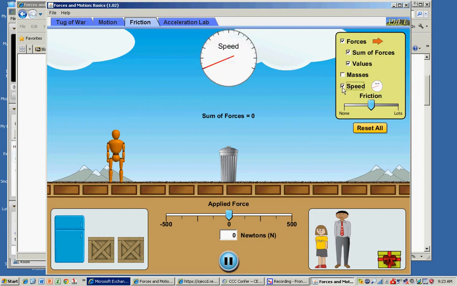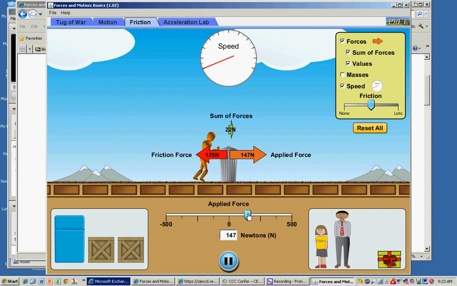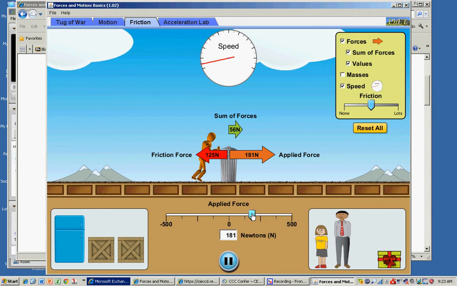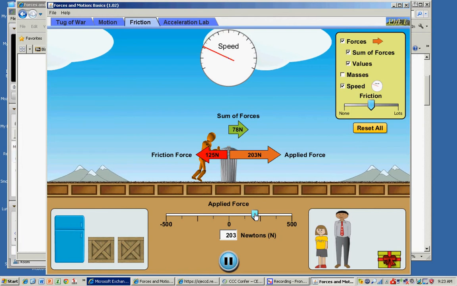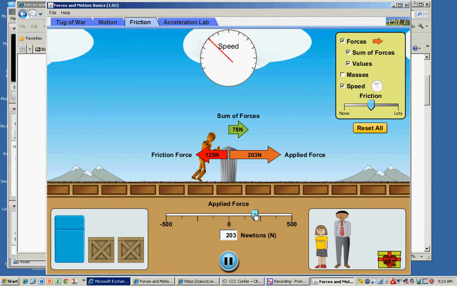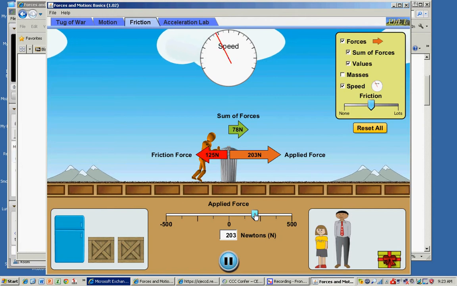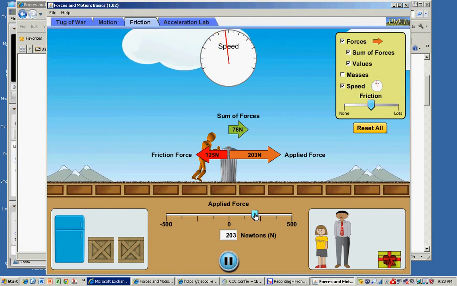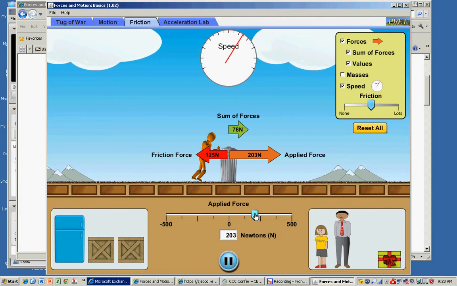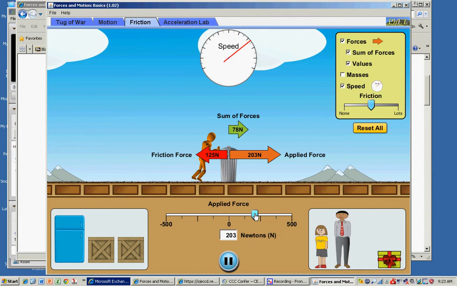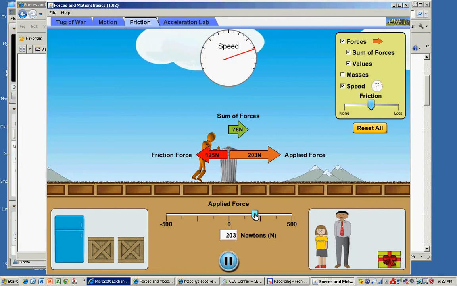So you can bring values into consideration. I have friction playing a role in here. Let's do the same. Now, kinetic friction does not change because it's equal to a coefficient times the normal force, remember? So if the applied force, which is 203 newtons, overcomes the kinetic friction, the net force is positive 203 minus 125.